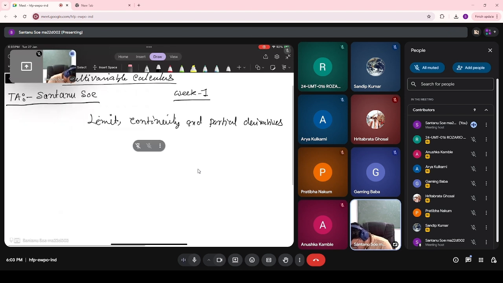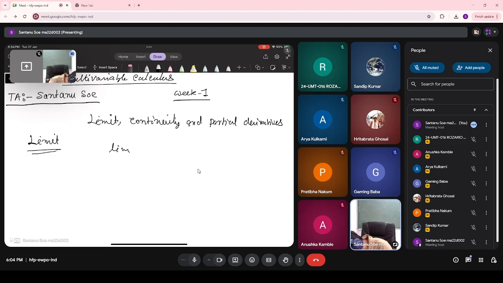So first is the definition of limit. For a one variable function, especially for those who have done bachelors, the definition of the limit of a function is pretty clear.